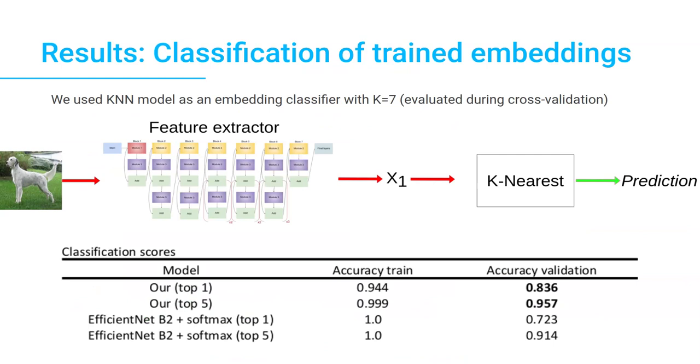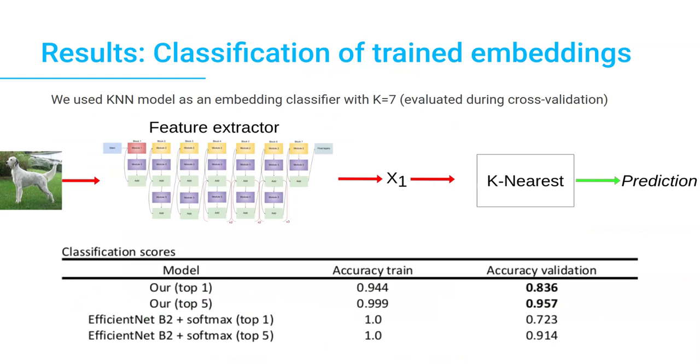We found that KNN models may be the perfect candidate to match similar embeddings in some metric space. We used 7 nearest neighbors. That number was evaluated during cross-validation.